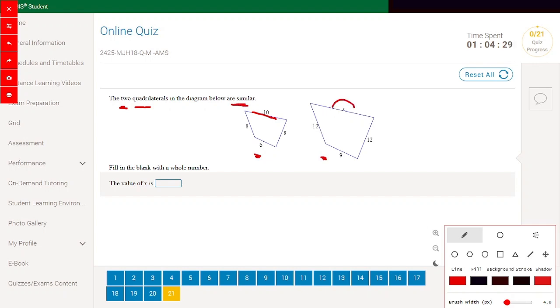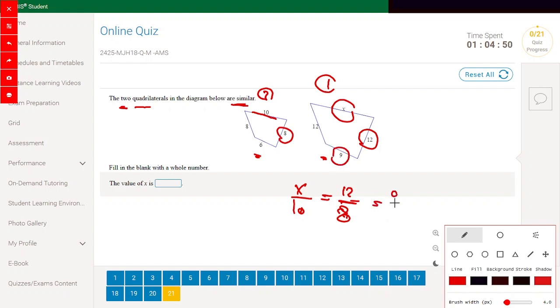So let's say this quadrilateral 1 and this quadrilateral 2, so x divided by 10 will be equal to 12 divided by 8, and also equal to 9 divided by 6, and 12 divided by 8. All of them are equal to a constant value.